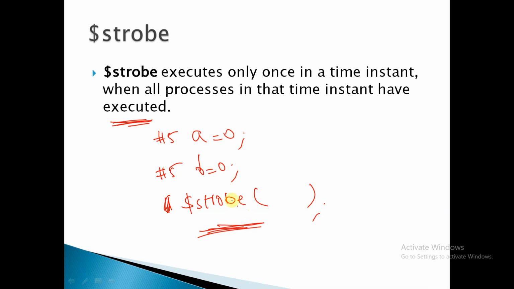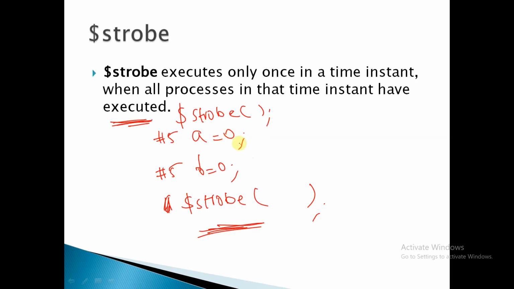It is going to execute at the end of this particular time unit. It executes only once, after everything has been completed. Unlike $display, $strobe is going to execute at the end. In the event scheduler, we will see $strobe also.